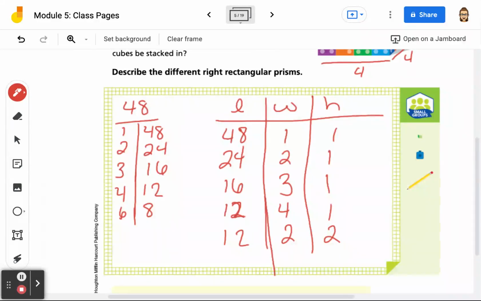Then I can do 8. I can do 6 and 1. I can also do 6, or I can do 8, and then I can do 2 and 3.